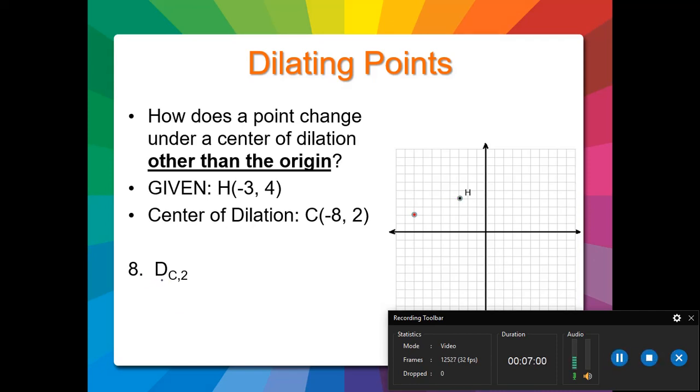So to move H twice as far away from the center of dilation at C, I will continue that pattern. So I'm going to rise 2, and I'm going to run 5. And this is the location of H prime. So our location then is at 2, 6.